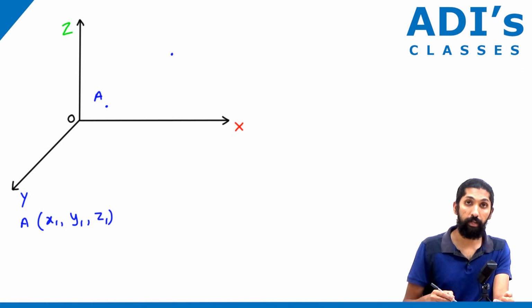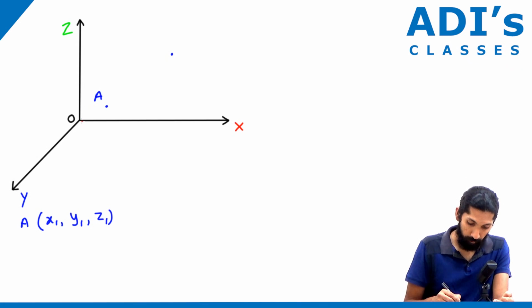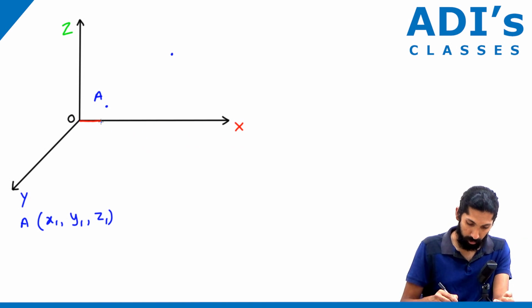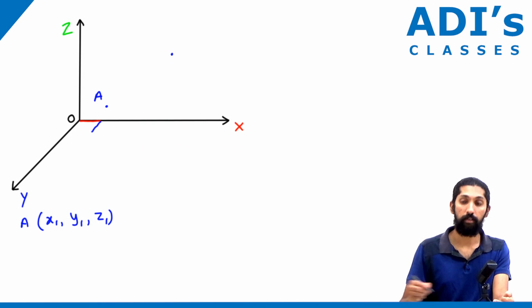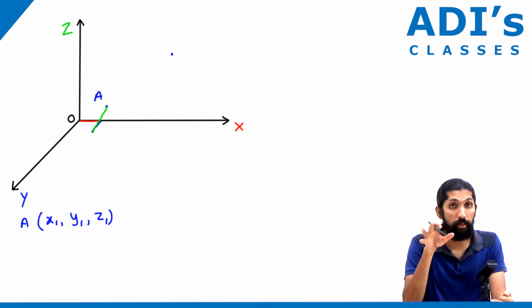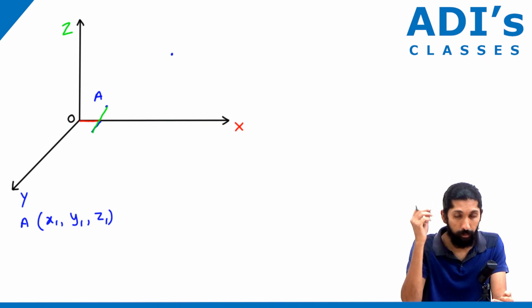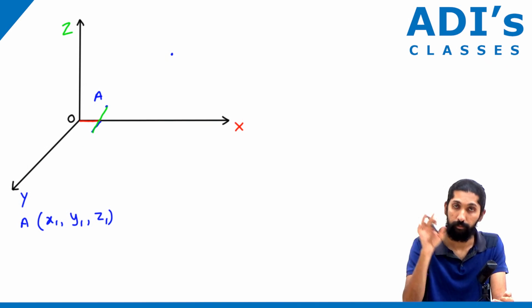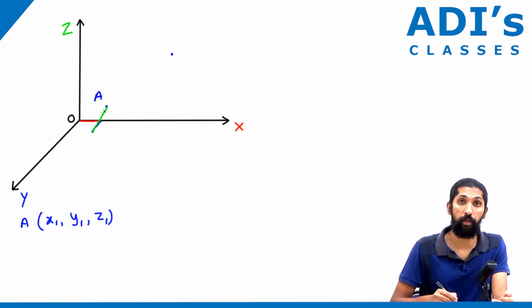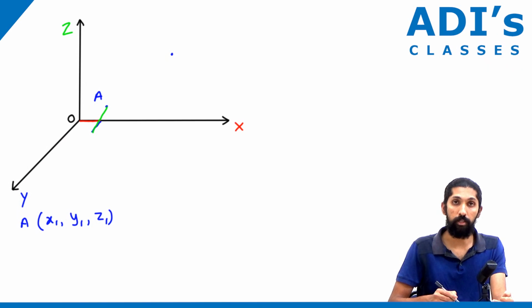To get to point A, first we move this much along the x-axis, then this much along the y-axis, and then finally so much along the z-axis, maybe something like this. Try to understand this is in 3 dimensions, so you have to visualize the point. Fair enough?